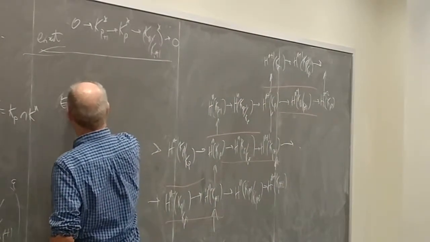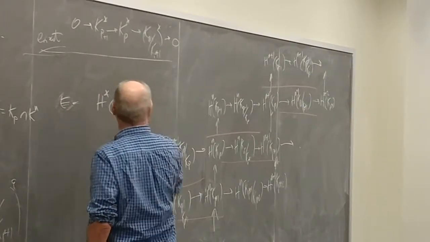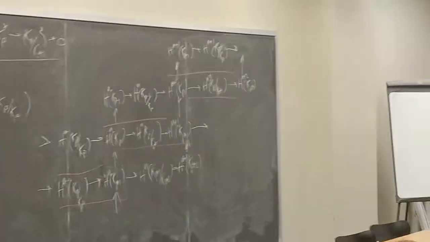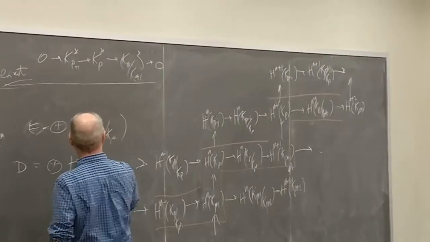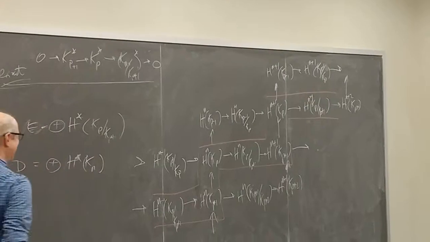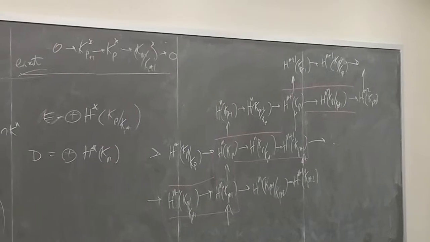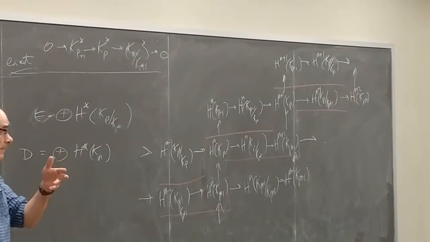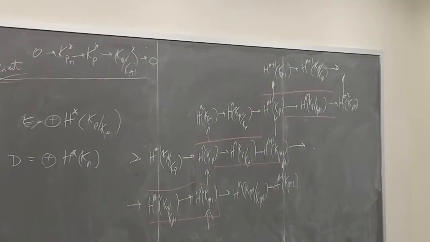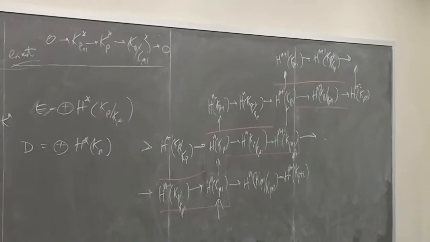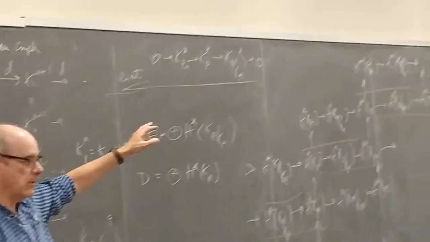The E's are the cohomology of the quotients, and the D's are the cohomology of the KP's. So another way to describe an exact couple, or a way to get an exact couple in the graded case, is whenever you have a sequence of long exact sequences that hook together in this fashion.